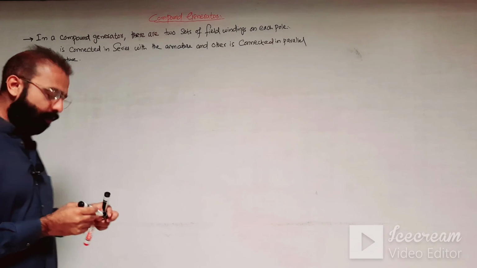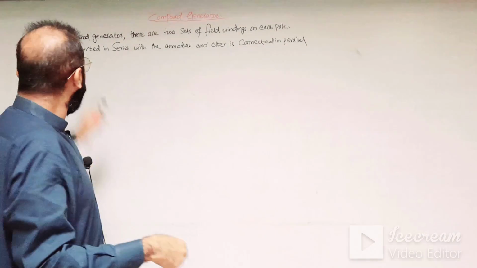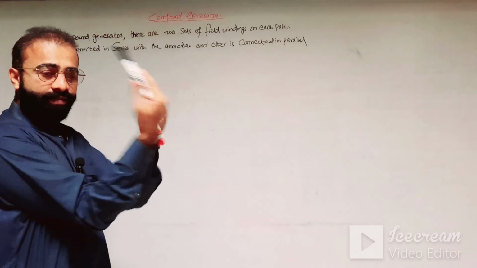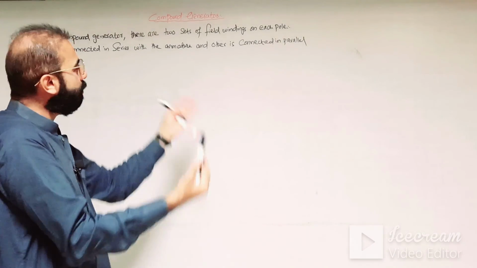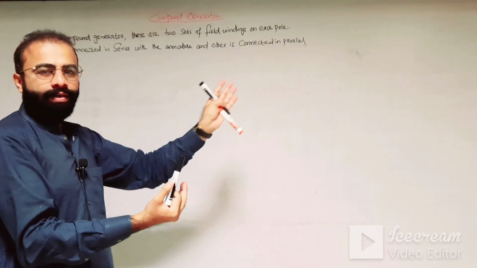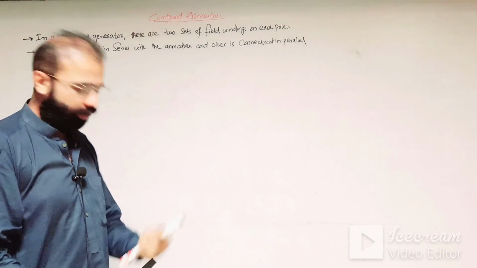So in a compound wound generator there are two sets of the field winding on each pole. One field winding is connected in series with the armature, and the other set of the field winding is connected in parallel with the armature.